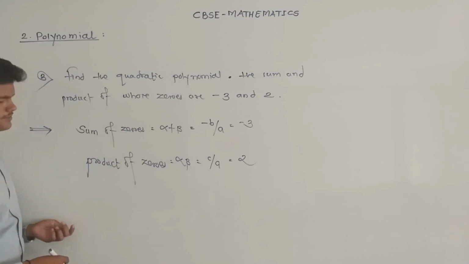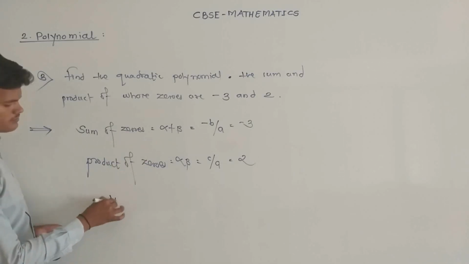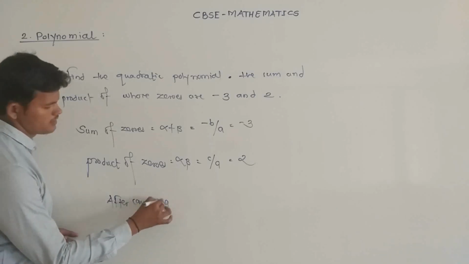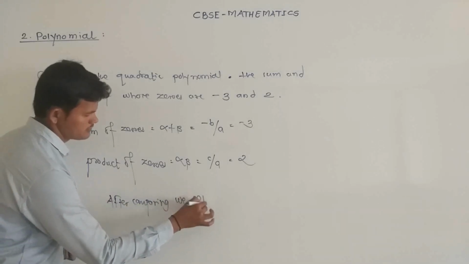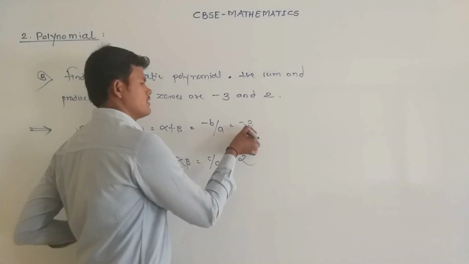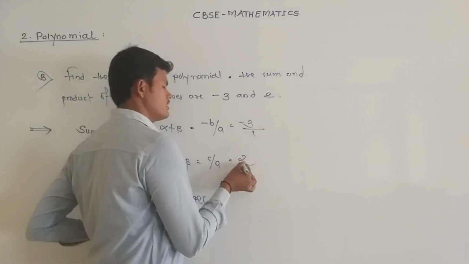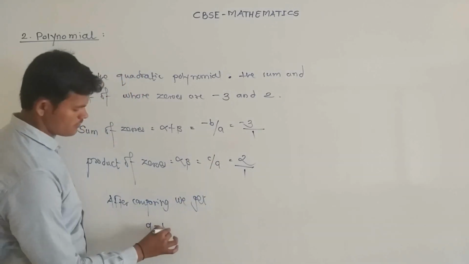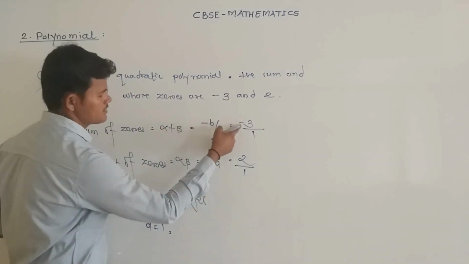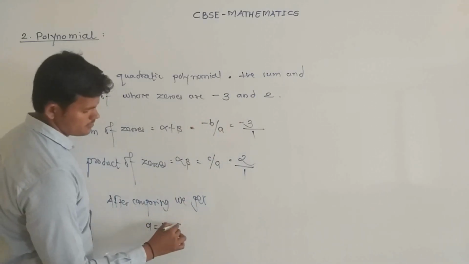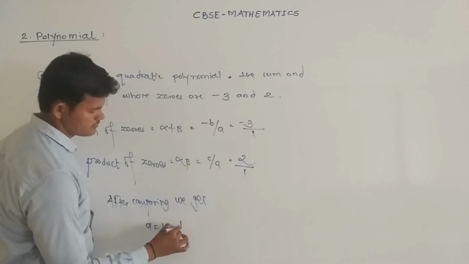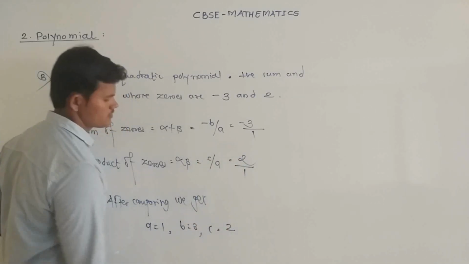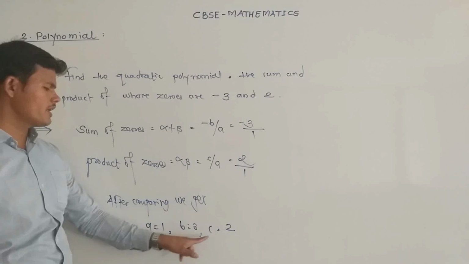By comparing, we get here value of denominator is 1 and here also denominator is 1. That means value of a is 1, value of b is 3 and value of c is 2. So we get values of a, b and c.